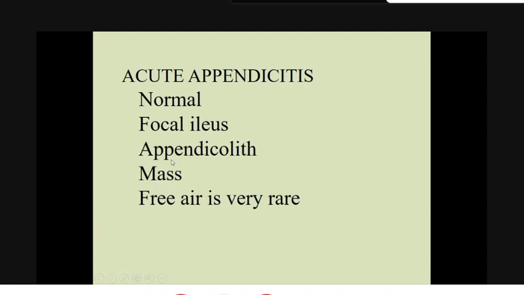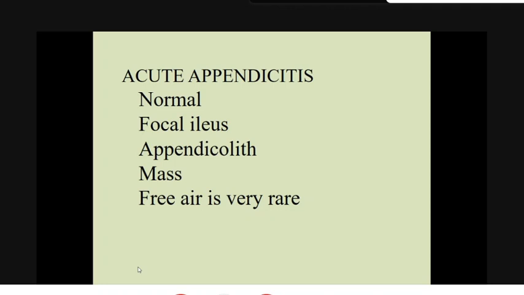Mass can be seen in the right iliac fossa. In cases of appendicular mass, we can see a mass in this region, or free air can be seen in the right iliac fossa, which may extend to the right hemidiaphragm in cases of ruptured appendix, but it is very rare. So the signs are non-specific.